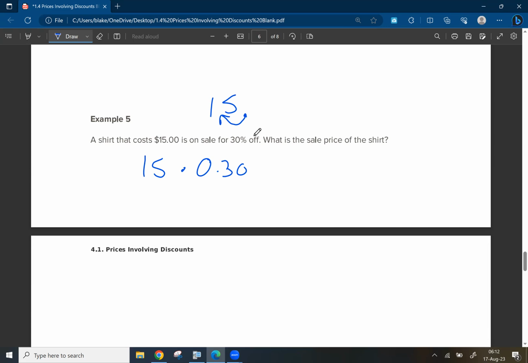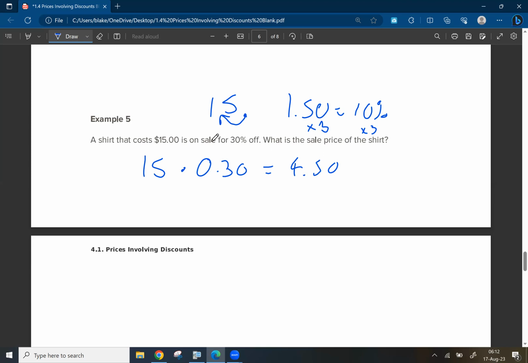So $1.50 is 10%. If we triple it, we'll end up with 30%. So $1.50 times 3 is $4.50. So $4.50 is the 30% amount.